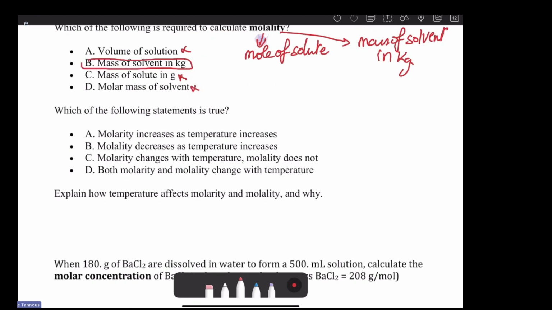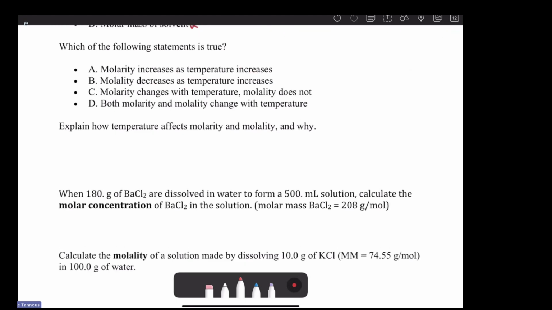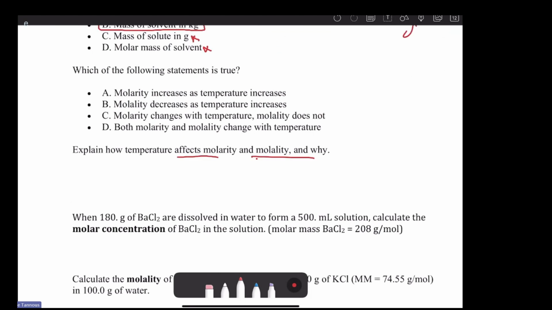Which of the following statement is true? Molarity, okay. Which one is affected by temperature? Let's explain this before we answer the question. Let me put the formula first. Molarity is mole over volume. Molality is mole over mass.